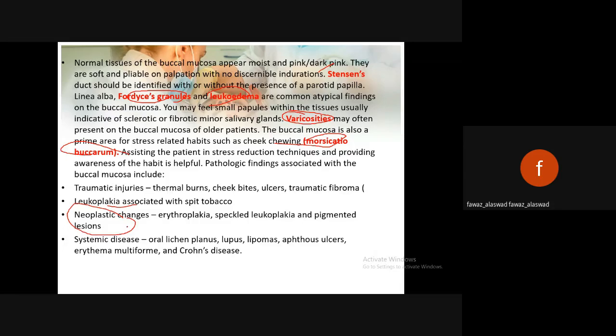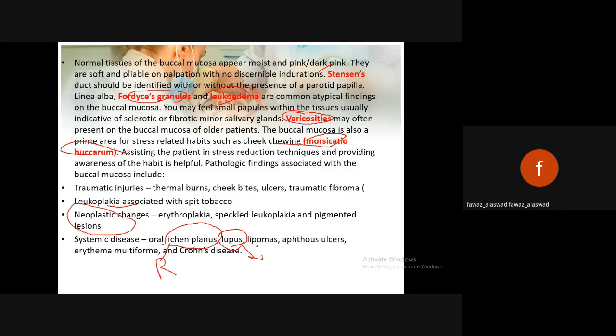Look at the most common types of systemic disease. Oral lichen planus, as we discussed previously, and the most common type is the reticular type, mostly occurring on the buccal mucosa. Systemic lupus erythematosus, SLE, and sometimes even DLE.